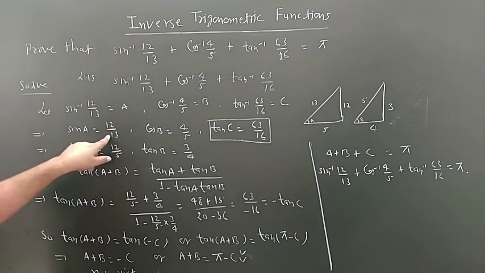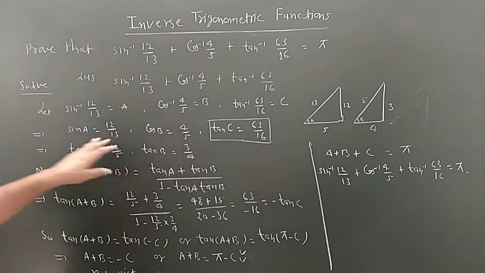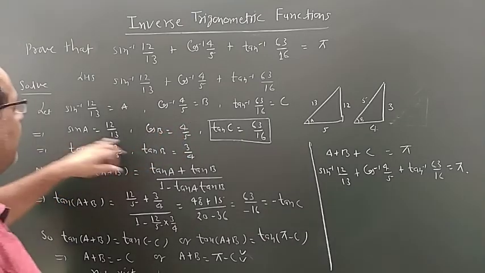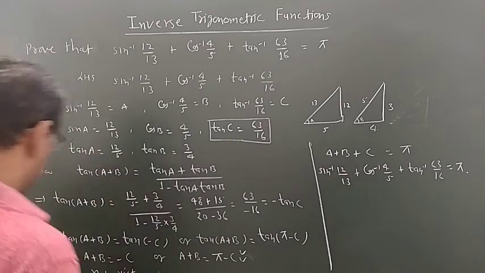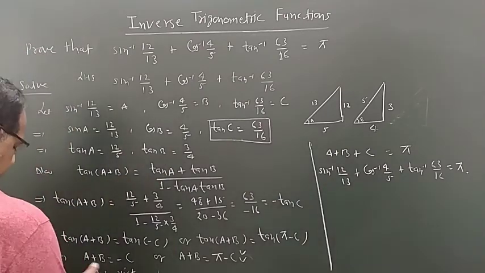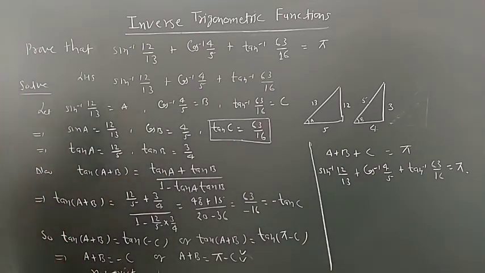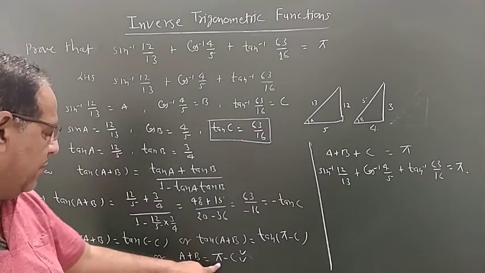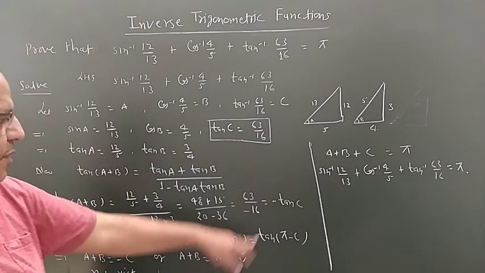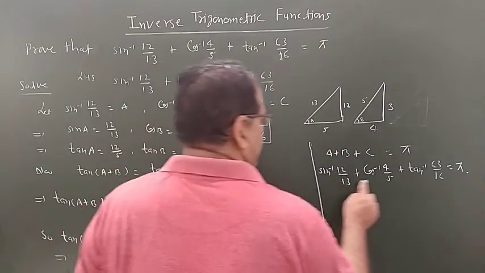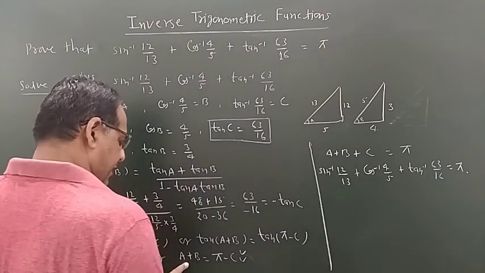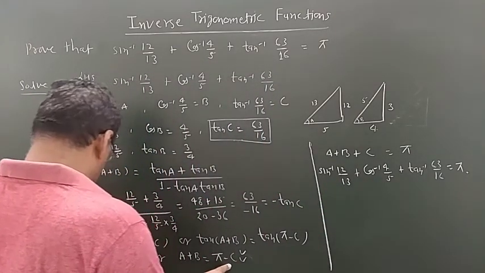The sin A is positive, cos B is positive. That means the angle A and angle B both are positive angles. It can never be equal to a negative value. So A plus B equals pi minus C. Only this value is correct.